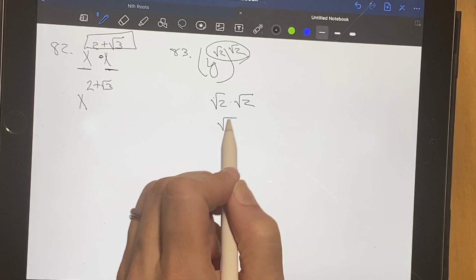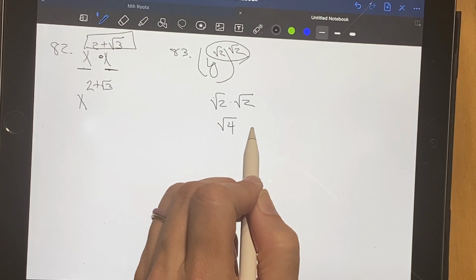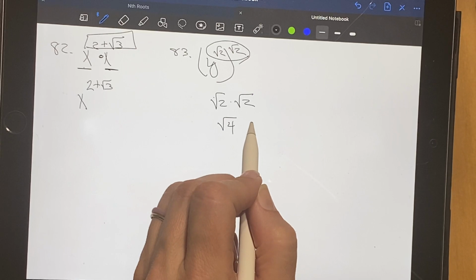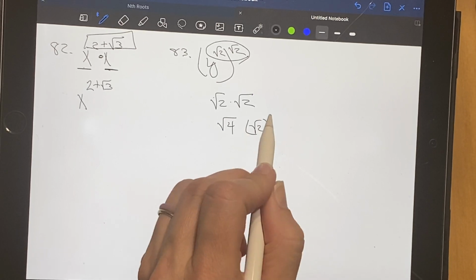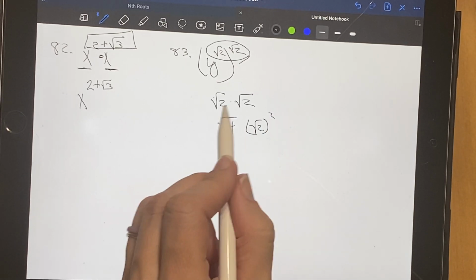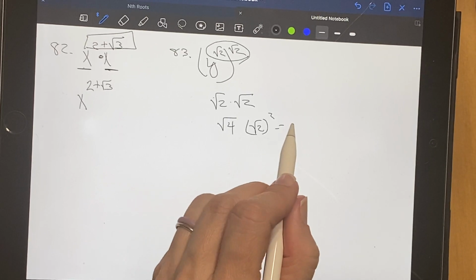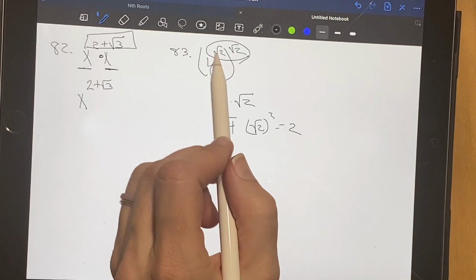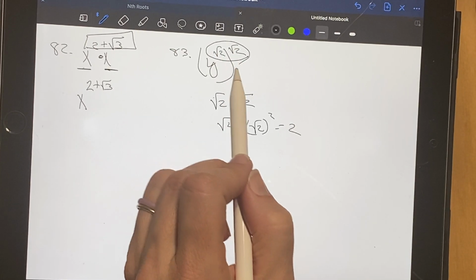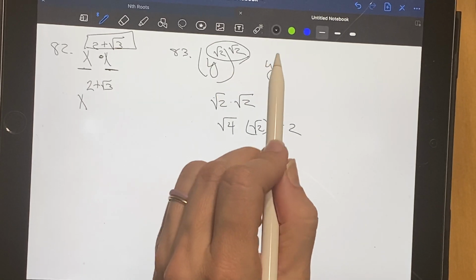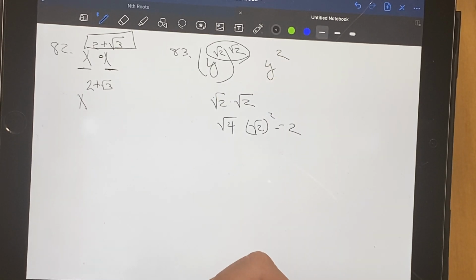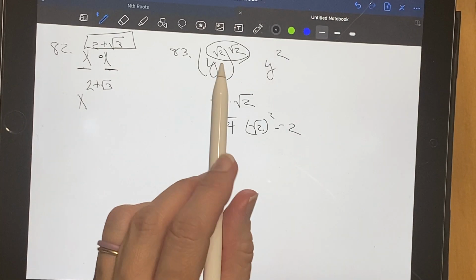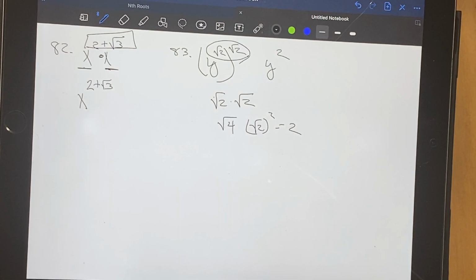So I could say I've got the square root of 4, or I could say I've got the square root of 2 squared, because I have both of them. Either way, I'm going to end up with 2. So the square root of 2 numbers squared, so I've got y squared in that case. So we're just using our same rules, applied a little bit further out for those extra ones.